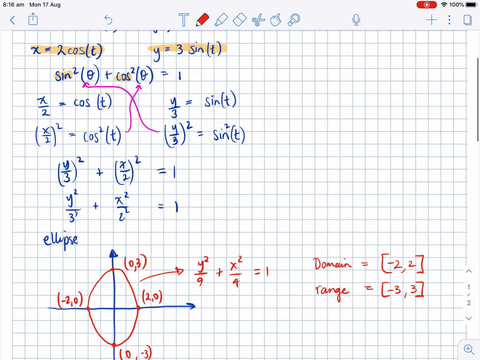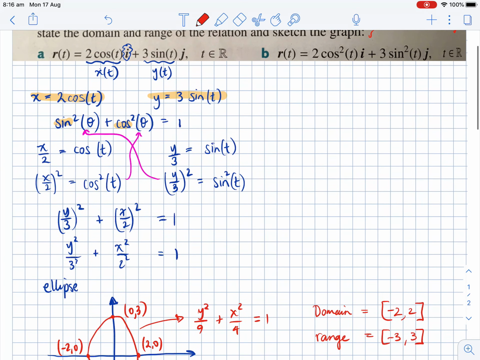But we can get these same values right back from the original functions that I set up for x and for y. The x values give me the domain.